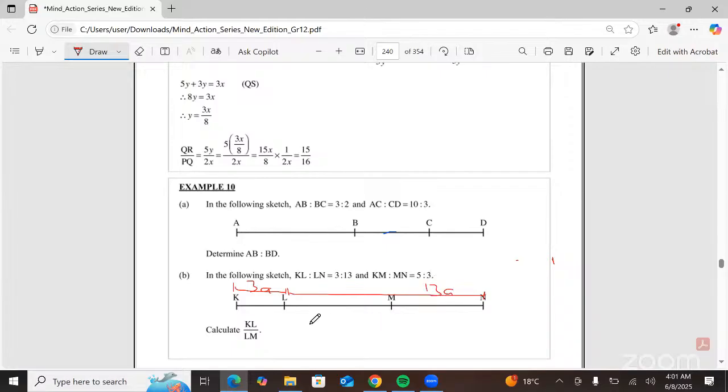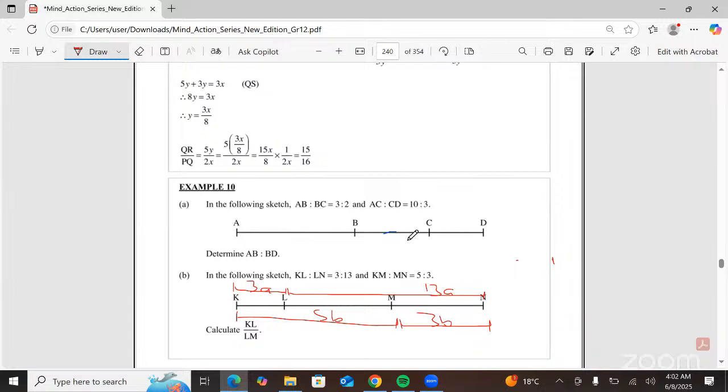KM is 5b. MN is 3b. You are cooking now, and I'm impressed.